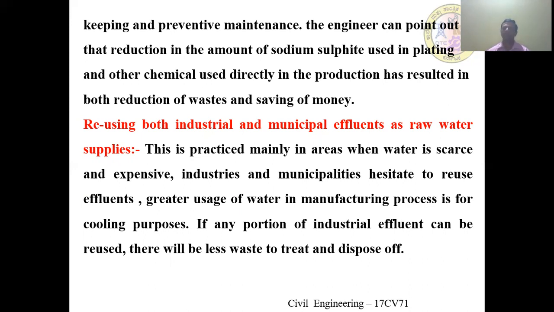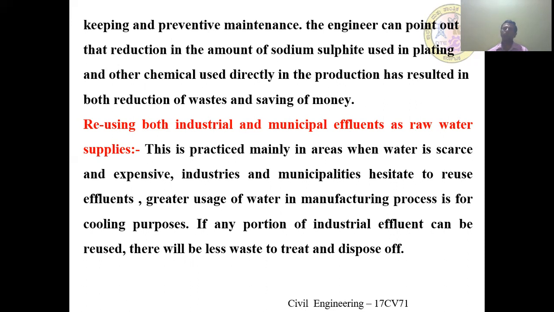So if any portion of industrial effluent can be reused, there will be less waste to treat and dispose of. One example is in cooling towers and cooling equipment, where we can use water directly from the washing of floors because the amount of waste we are obtaining is very small.